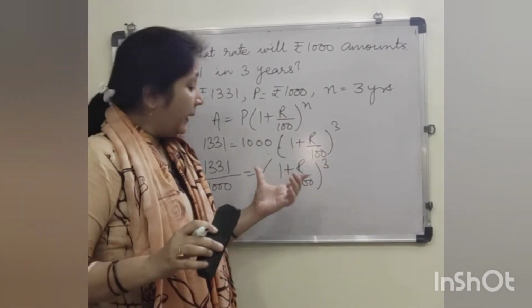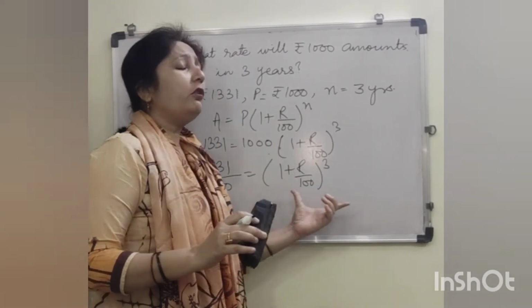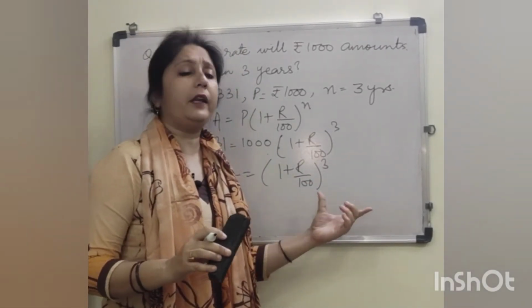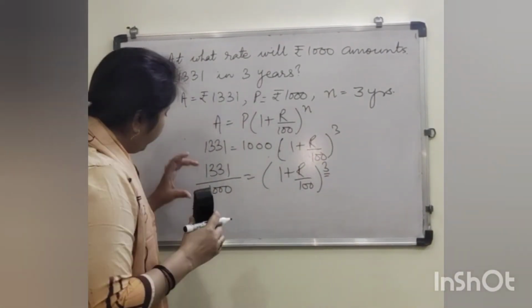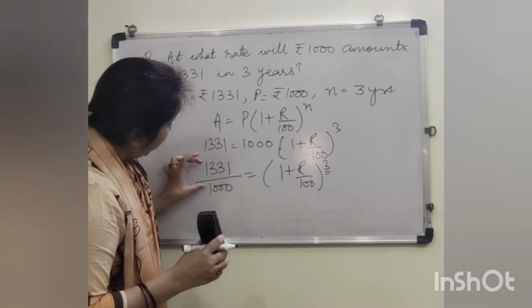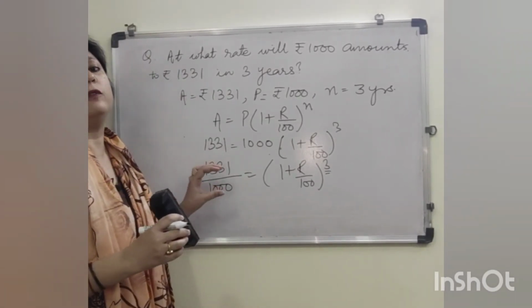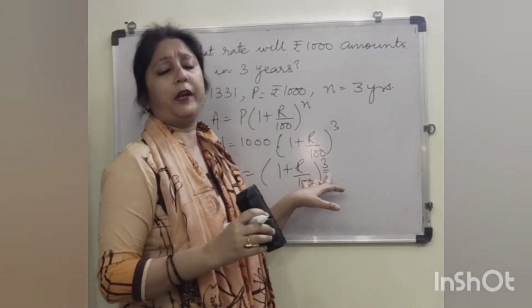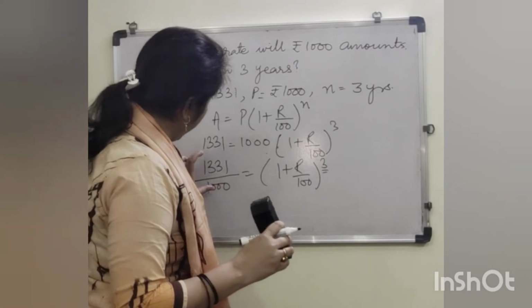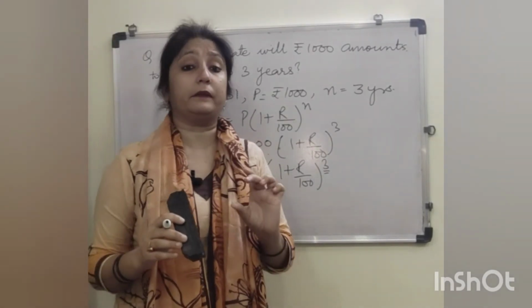In this equation you get an indication. This power 3 says that if this fraction is already in simplest form, it must be the cube of something, because the exponent is 3. So these two numbers must be cubes of two numbers.